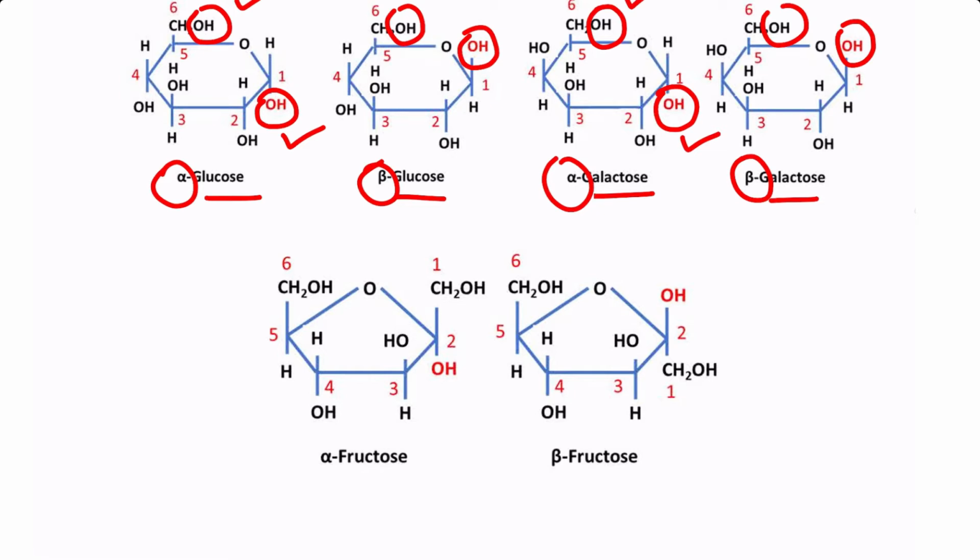So now let's check the fructose. In fructose, in alpha configuration, the hydroxyl group attached to the C2 and the hydroxyl group attached to the C6 are placed on opposite sides of the ring, whereas in beta configuration, the hydroxyl group attached to the C2 and the hydroxyl group attached to the C6 are placed on the same side of the ring.